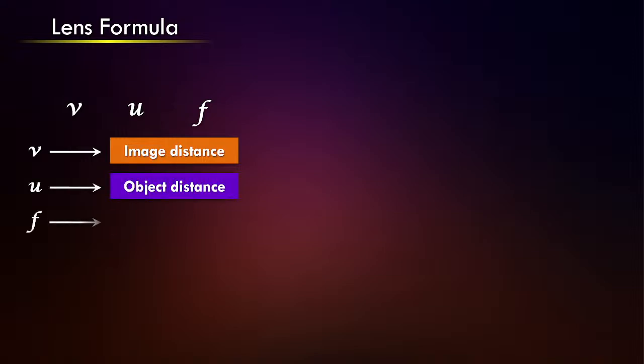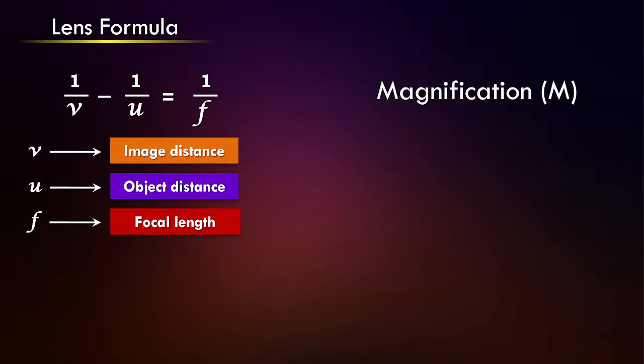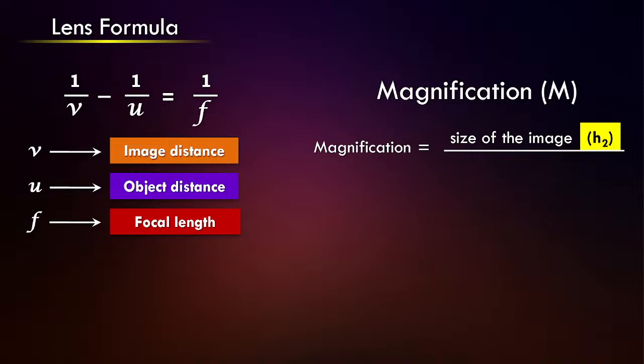Next, the lens formula, v, u, f. Imagine v is the image distance, u is the object distance, f is the focal length. This is the formula: 1 by v minus 1 by u is equal to 1 by f. Okay, magnification formula. m is equal to the size of the image by the size of the object.